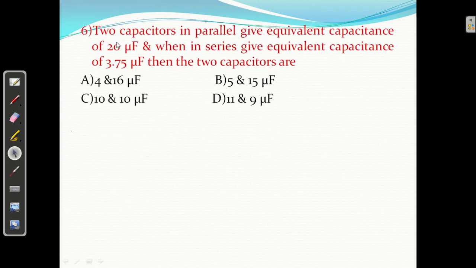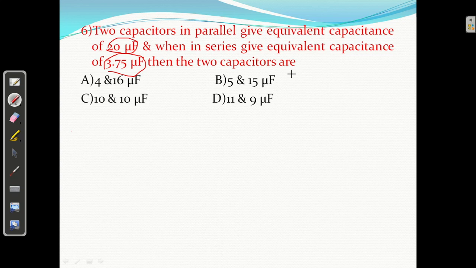Question number 6. Two capacitors in parallel give equivalent capacitance of 20 microfarad, and when in series give equivalent capacitance of 3.75 microfarad. Then the two capacitors are.